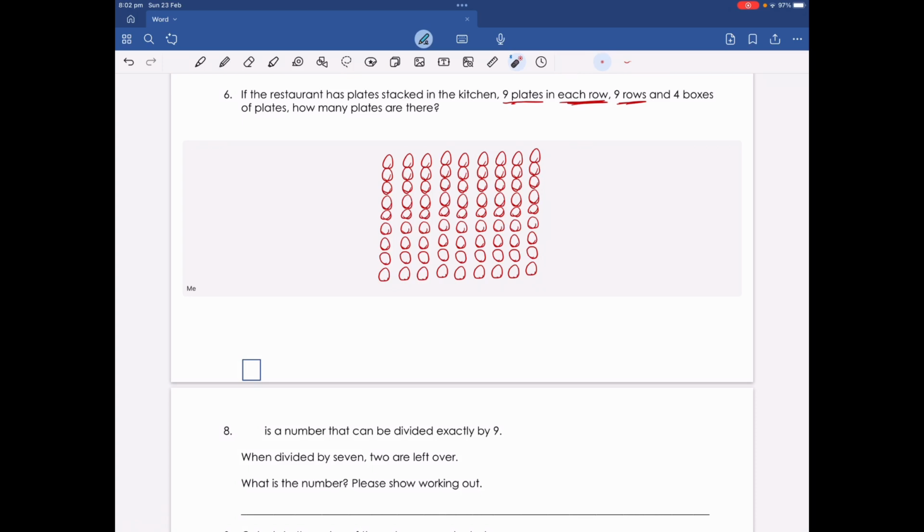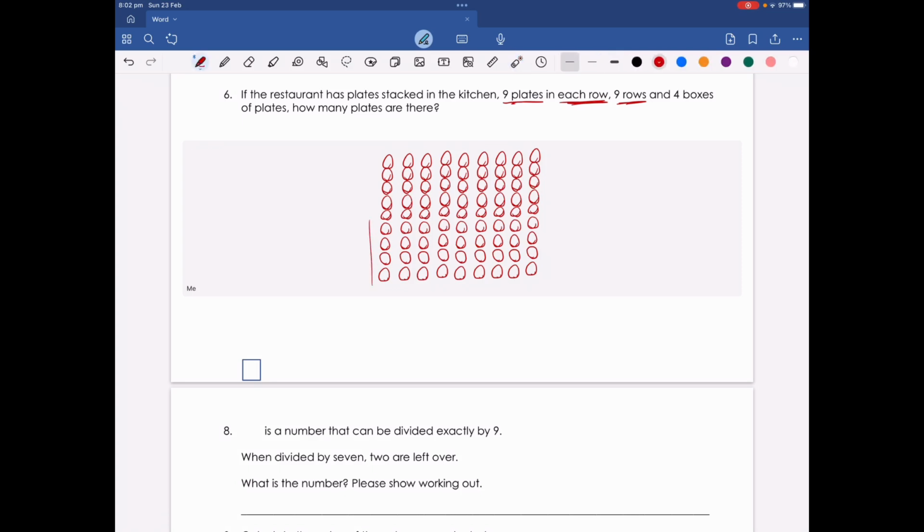So we've got 9 plates in our row, 9 rows, and 4 boxes of plates. So assuming a box encases all of these plates, we should have this amount.